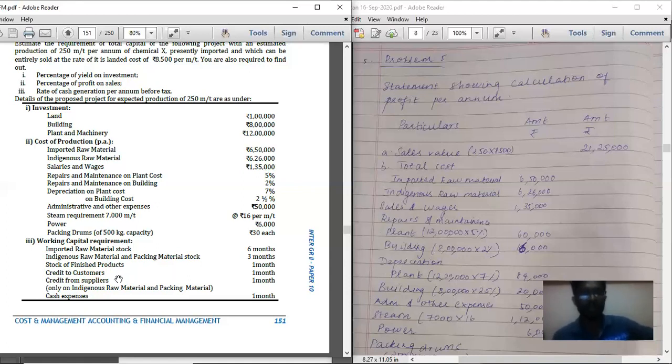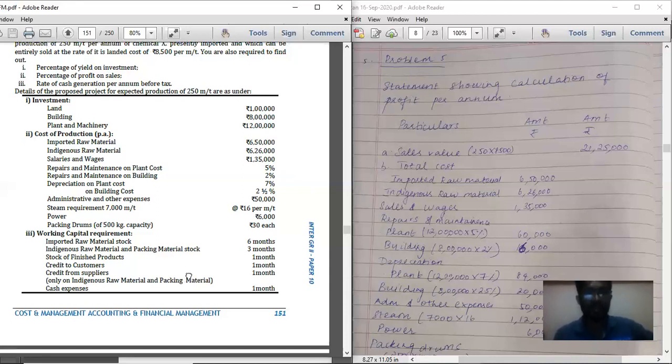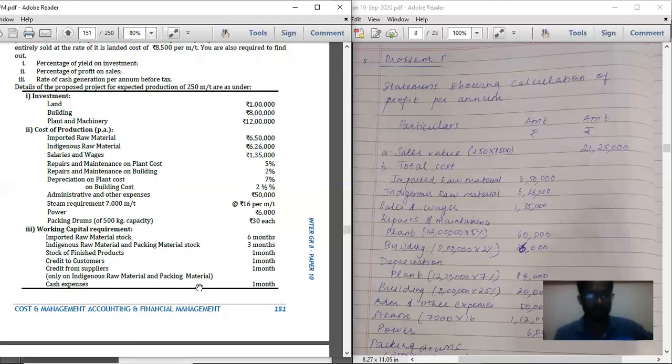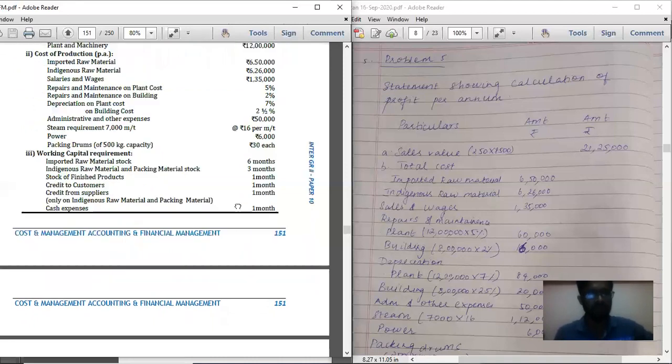Credit to customers given, that is debtors, is 1 month. And creditors for suppliers is 1 month, but only on indigenous material and packing material. So for imported raw material, there is no credit facility. Then cash expenses is 1 month. So this is the working capital requirement.